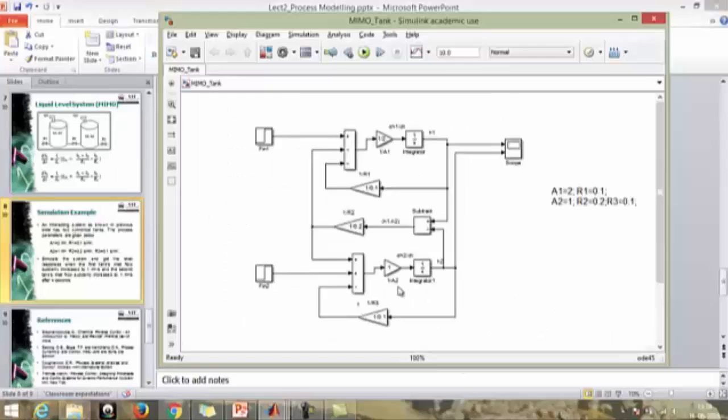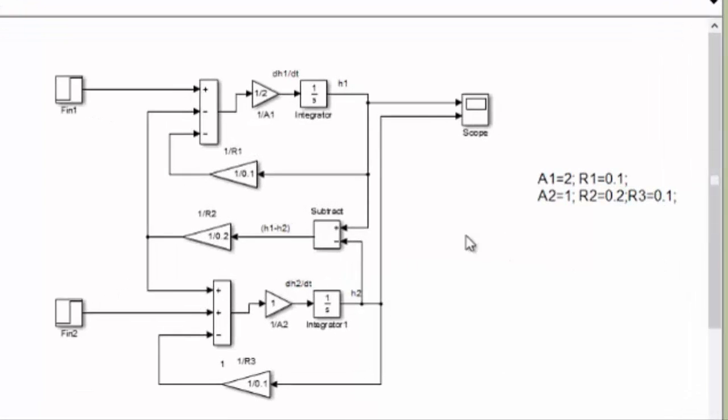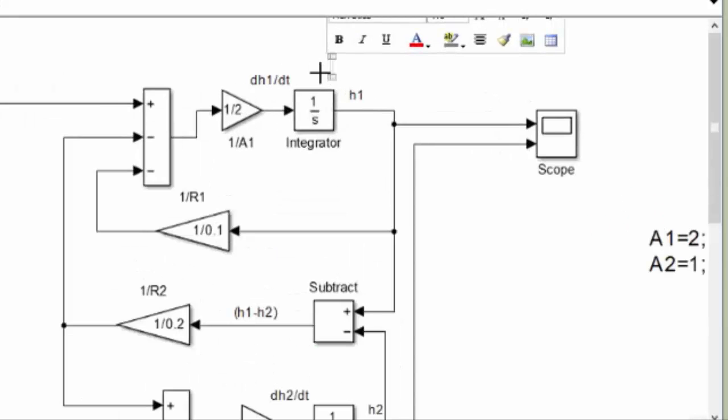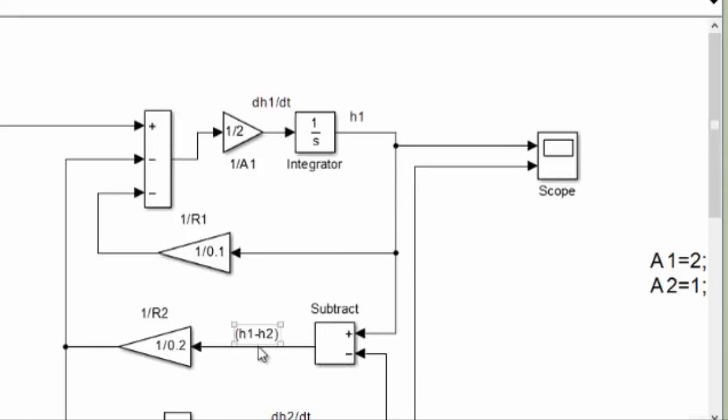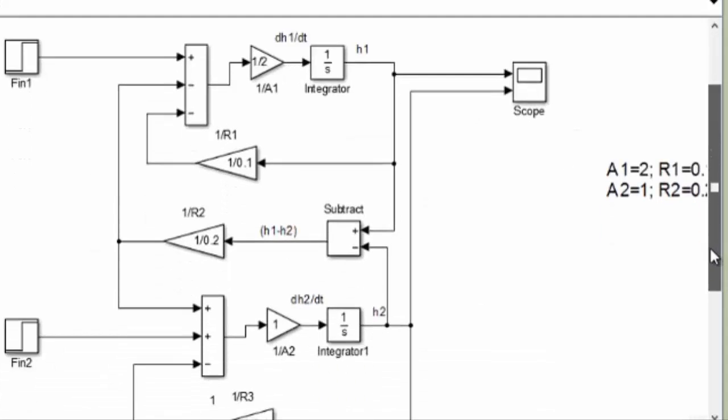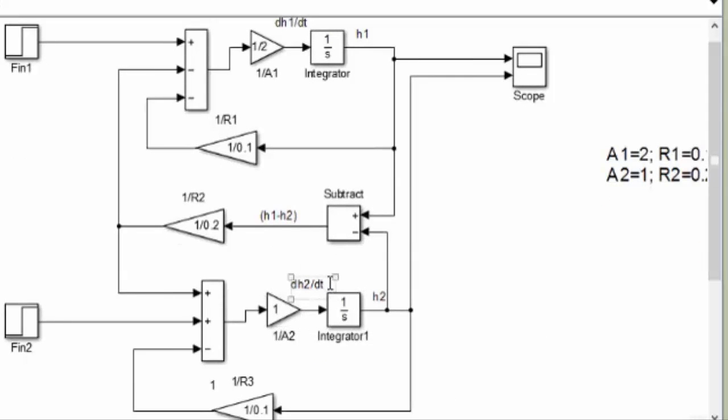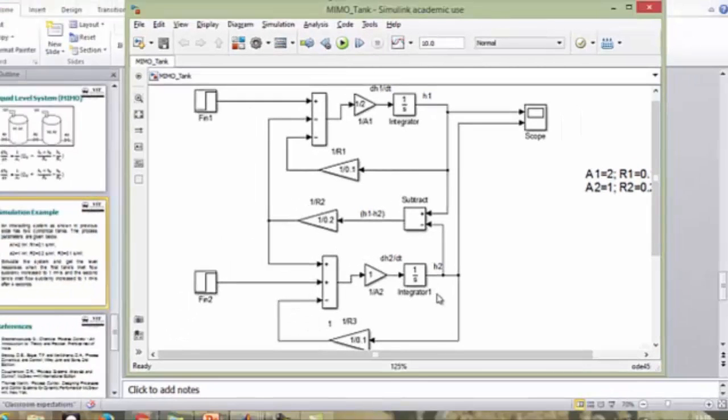So for these two ODE equations, I have already developed the Simulink model using basic blocks, where we have the integrator taking dh1 by dt as input, and similarly dh2 by dt as input for the second integrator, and we have the h1 by r1 term and the (h1 minus h2) by r2 term, and in the second equation also we have this h1 minus h2.